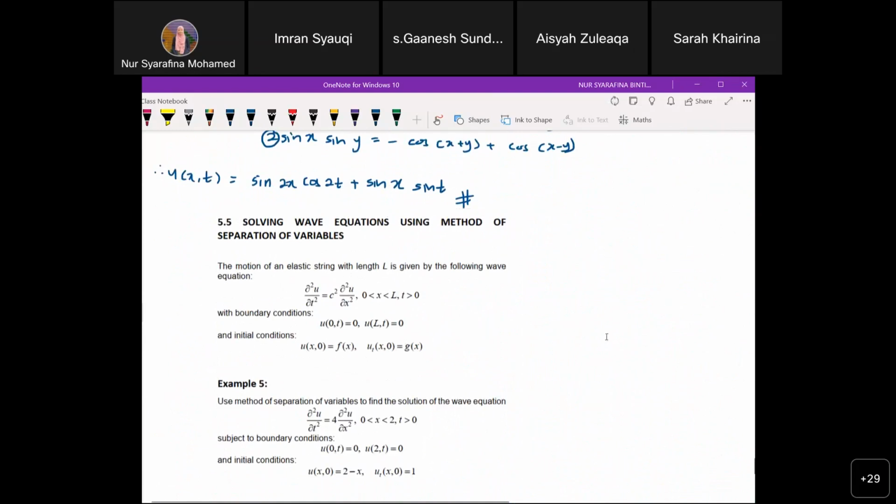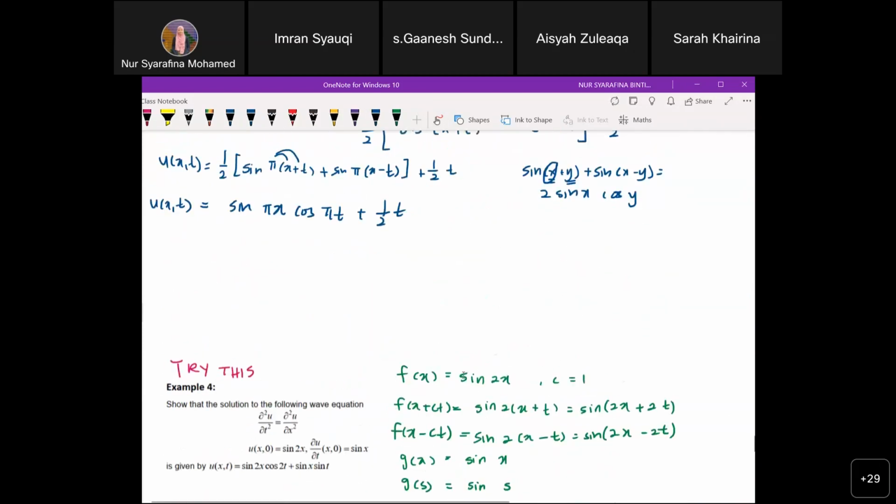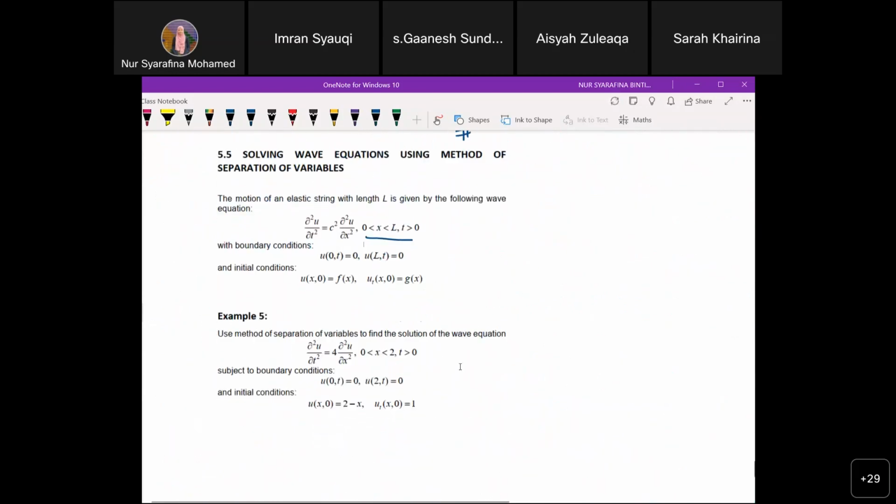This MSV for the wave equation is used for the finite limit. For the infinite, we use d'Alembert. So how can we solve it by MSV? Same process as the previous one that we did.